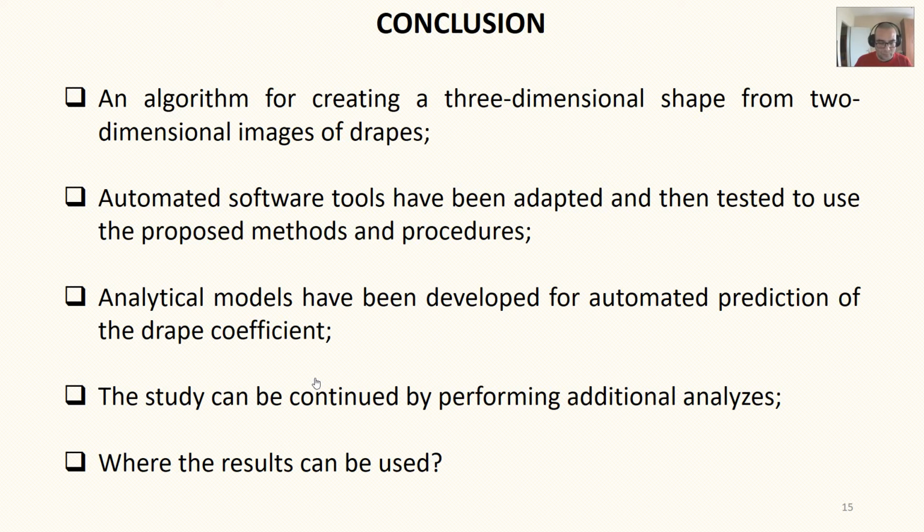Automated software tools have been adapted and then tested to use the proposed methods and procedures for analyzing digital images of draperies, which will be used to describe the shape and predict the characteristics as well as to classify them into groups. Analytical models have been developed for automated prediction of the draping coefficient, which can be used to predict changes in the property of textile fabrics.